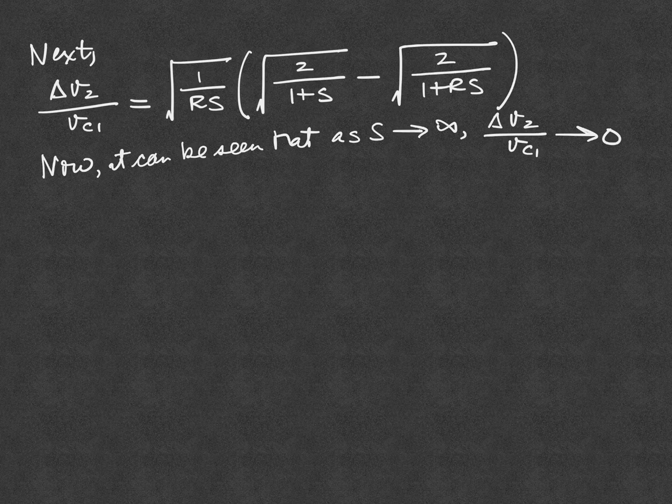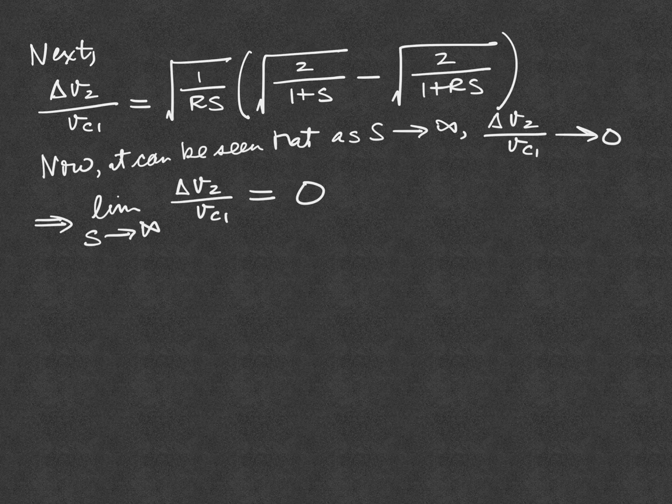So as S goes to infinity, the denominator goes to infinity, which means that all of these terms go to 0. So the limit as S approaches infinity of delta V2 over VC1 is equal to 0. So that means that the second impulse goes to 0.